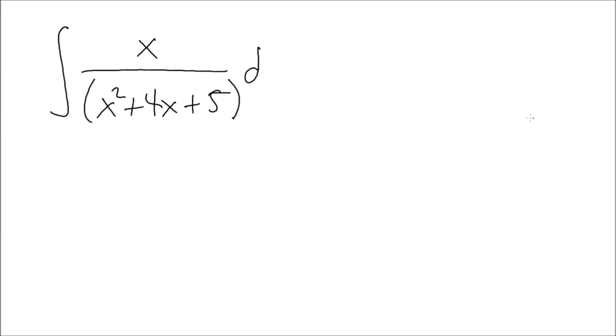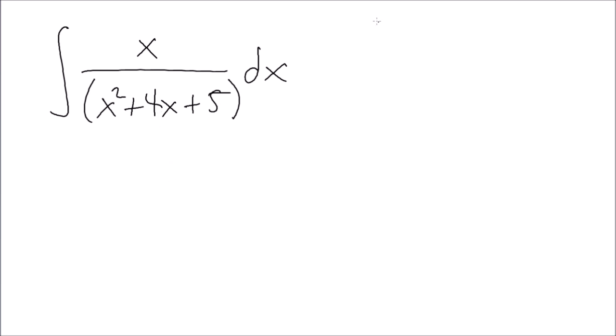But other than that, in this case here, I would want to make this numerator the derivative of here, so that I can do a forced u sub. Okay, it's not really a forced u sub, but technically I want to make it into a u sub integral.